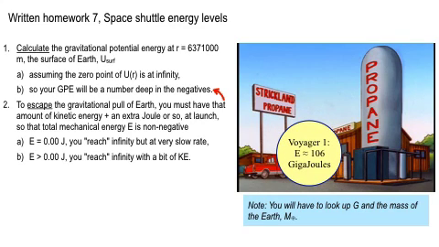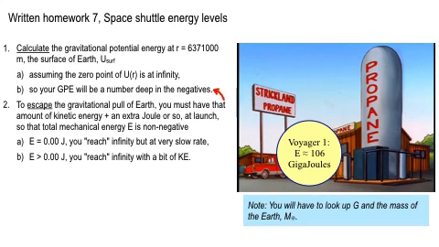For instance, Voyager 1. I just figured out its kinetic energy, and it's got a total mechanical energy of about 106 gigajoules. So that's 106 billion joules of total mechanical energy, and most of that's kinetic energy. And it's blazing out of the solar system. It's pretty impressive, actually.